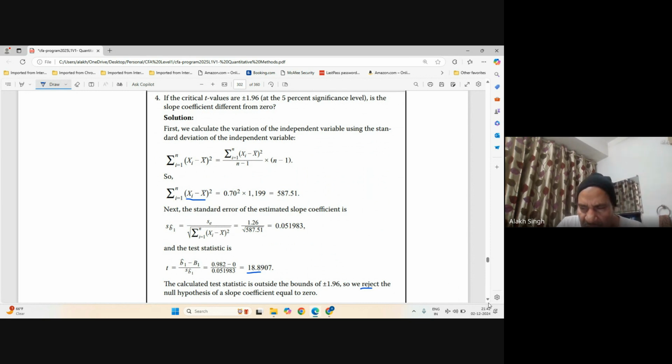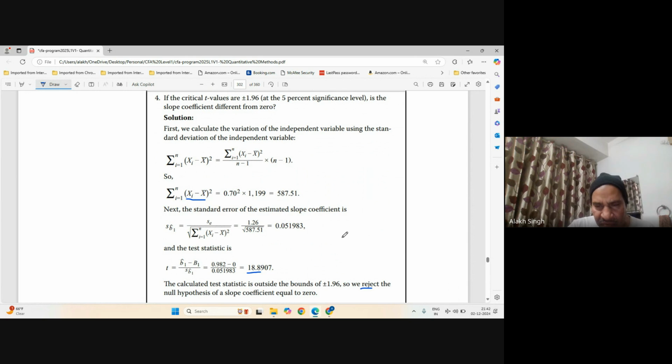You don't need to remember it. If you use Python, you will get the standard error and then the T value.